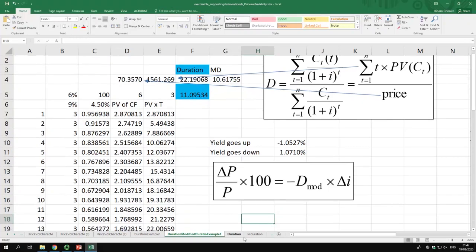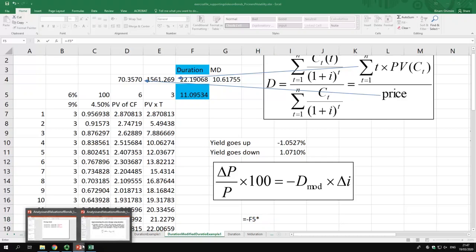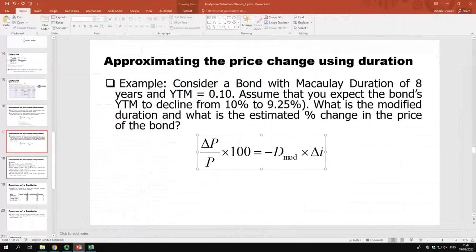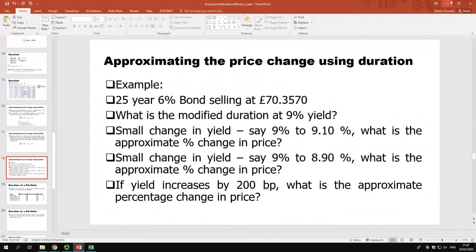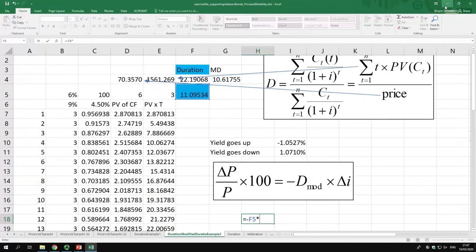So basically what we need to do is equal modified duration, which is 11.09, isn't it? But then in the formula there is minus, so minus 11 point this, and then times the percentage change. The yield goes up by what? If you read the question, it says from 9 to 9.1, isn't it? Here 9 to 9.1.